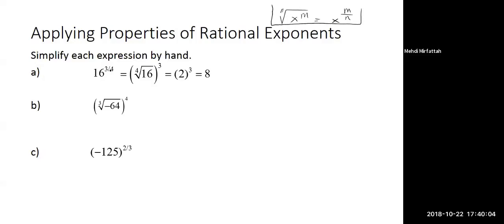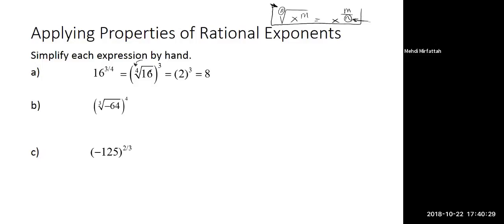So what we have here is the number at the bottom of the fraction, n, is actually your root. Remember that. So if I have x to the power of m over n, this number at the bottom of the fraction is always the root that we're talking about. So in this case, your root here is 4 then, right? So that would be the fourth root of 16.